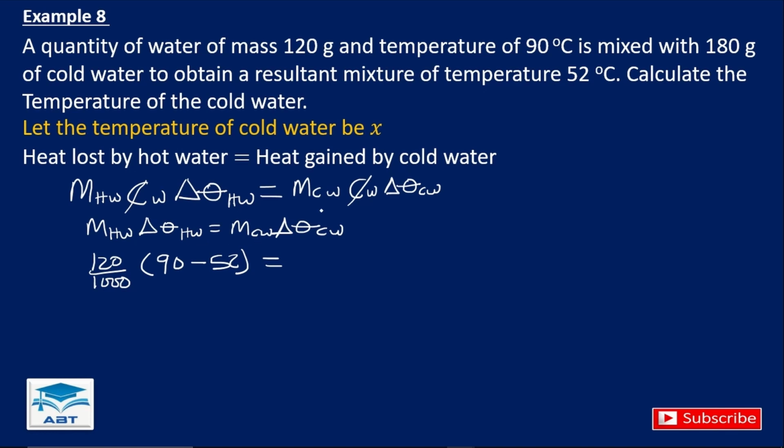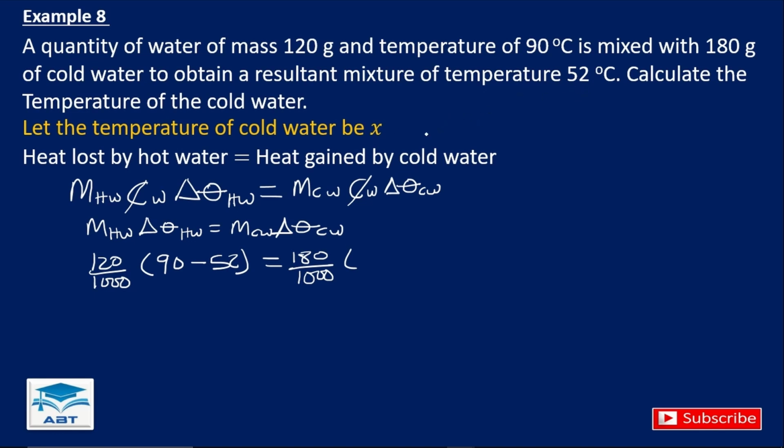The mass of the cold water is 180 grams. To kilograms, we divide by 1000. What will be the temperature change? We said let the temperature of the cold water be X. And the cold water is going to gain the heat and increase its temperature to 52 degrees Celsius.